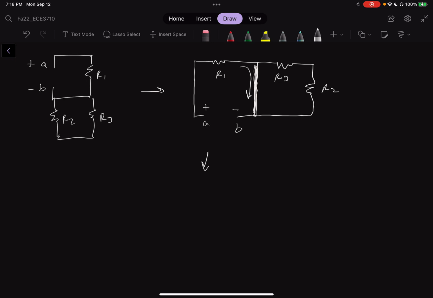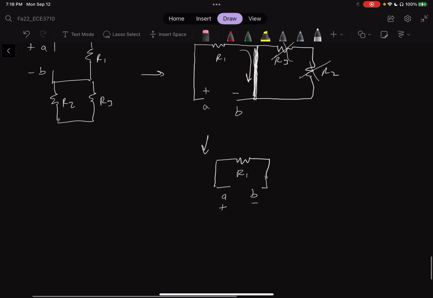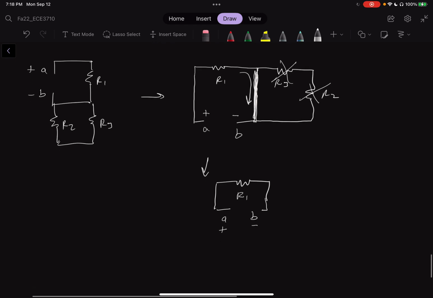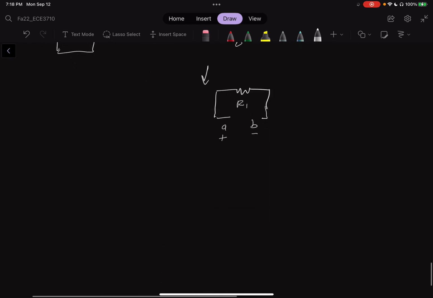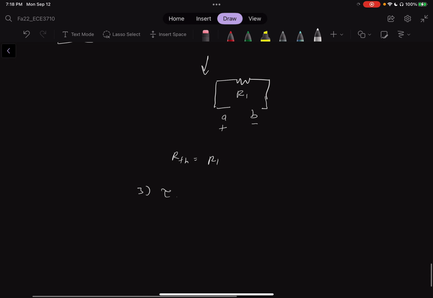It's going to ignore R3 and R2. So we are left with just R1. Why are we doing this? Because now we found out R Thevenin is equal to R1.